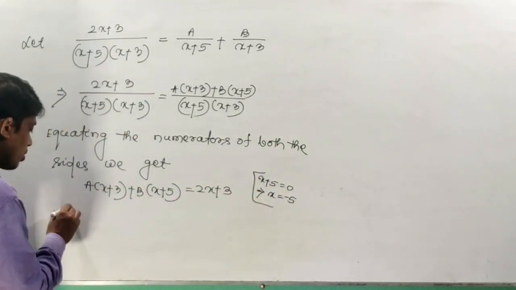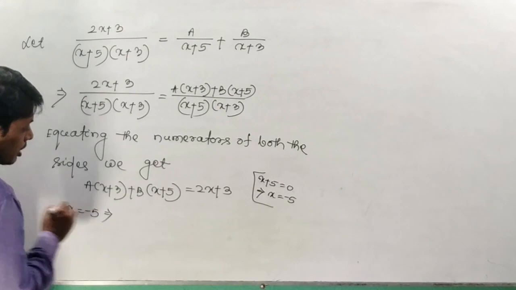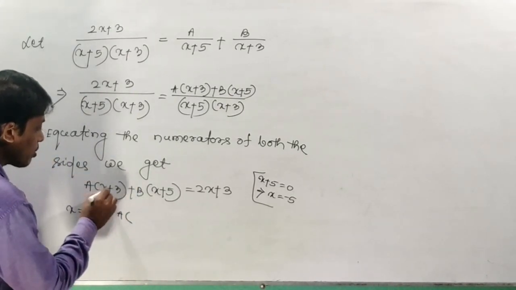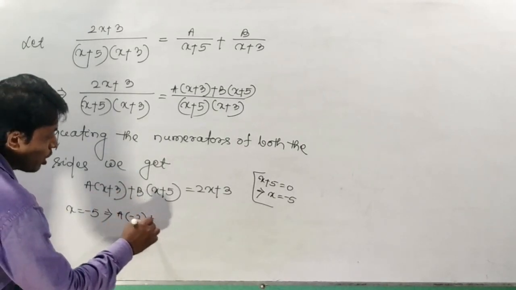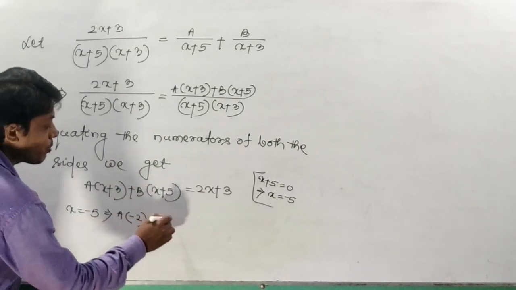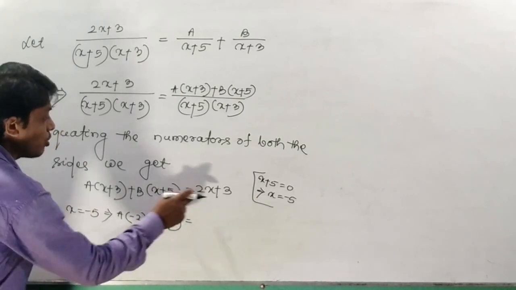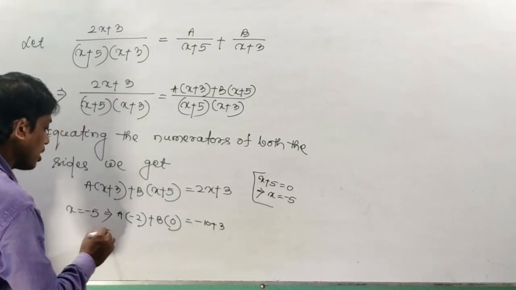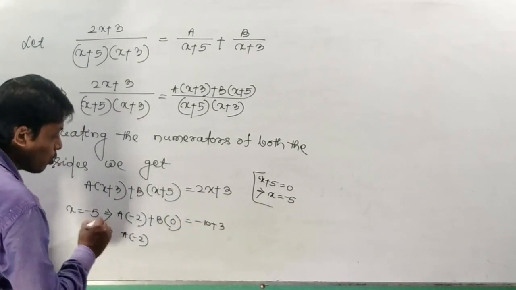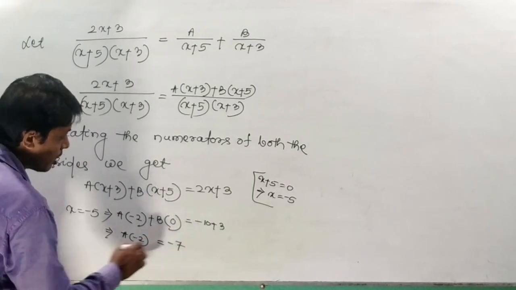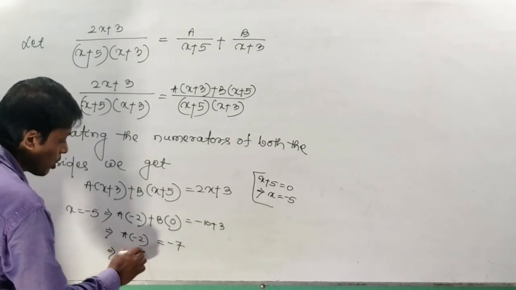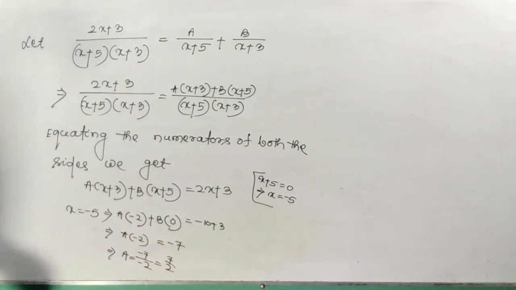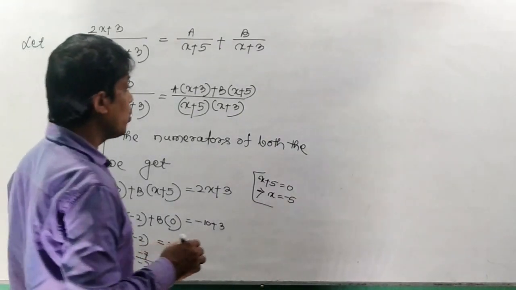So putting x equal to minus 5, a into minus 5 plus 3 is minus 2, plus b into minus 5 plus 5 is 0, is equal to minus 10 plus 3. Then a into minus 2 is equal to minus 7, and then a is equal to minus 7 by minus 2, which is 7 by 2.